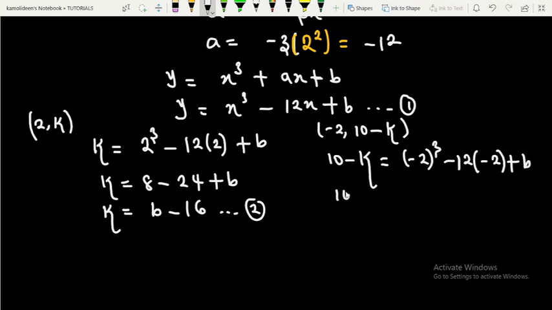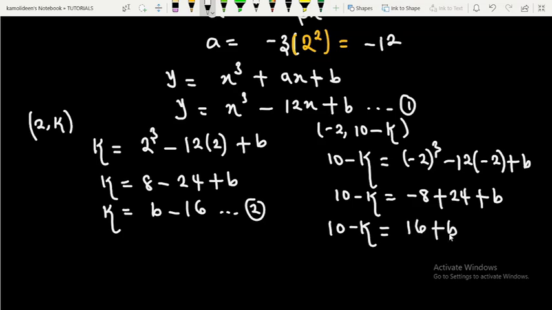So this becomes 10 minus k equals negative 2 raised to the power 3 will give us negative 8. Negative 12 times negative 2 will give us plus 24. Then plus b. So that 10 minus k equals 24 minus 8 is 16, you drop down plus b.